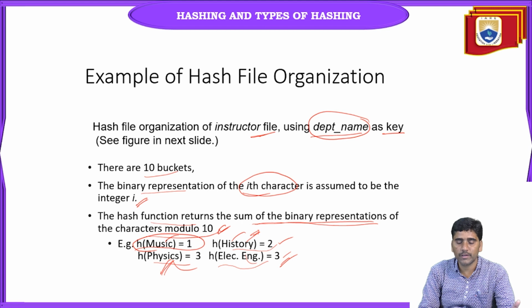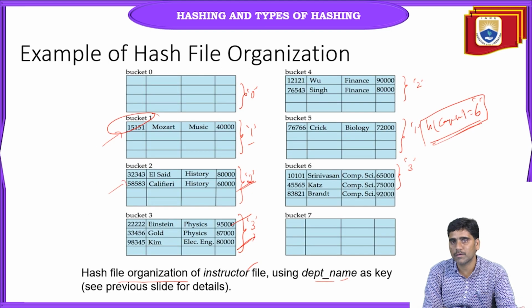There are different types of buckets, and for all these buckets, so much data is inserted. For one bucket there is one record, for this bucket 2 records, for this bucket 3 records, for this bucket 2 records, for this bucket 5 records, and for this bucket 3 records.